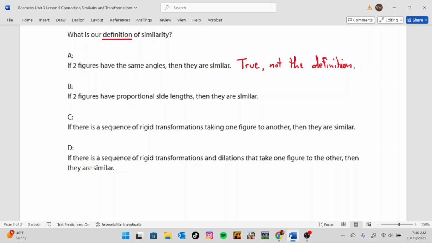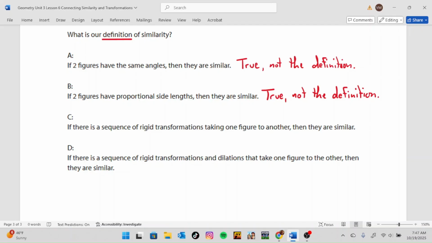B says if two figures have proportional side lengths, then they are similar. Once again, this is a true feature of similar figures, but it's not the definition. Choice C, if there is a sequence of rigid transformations taking one figure to another, then they are similar.